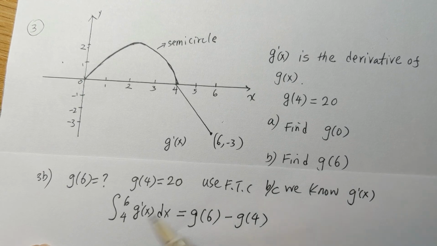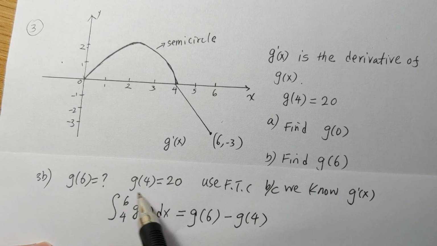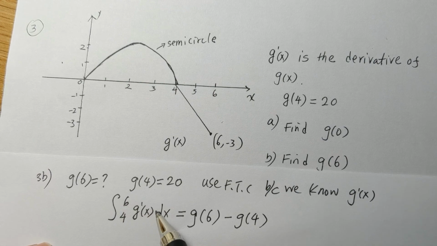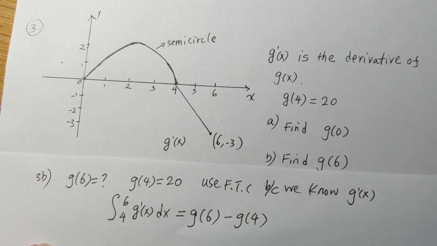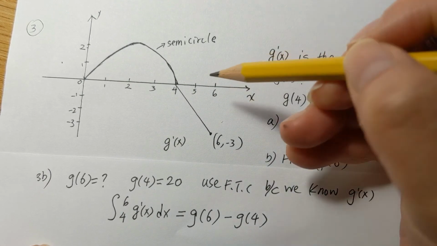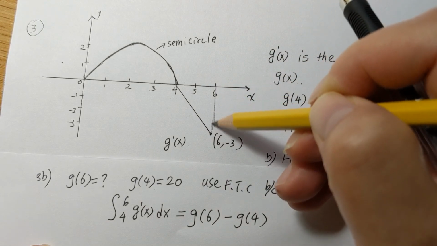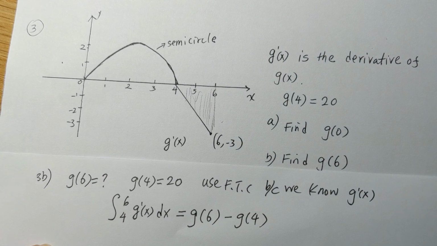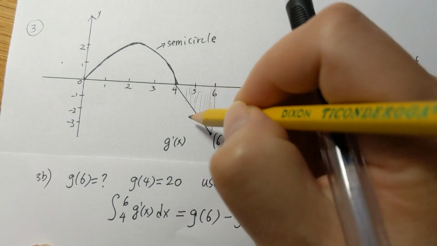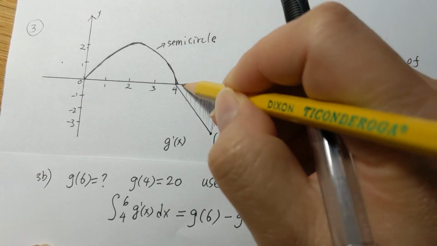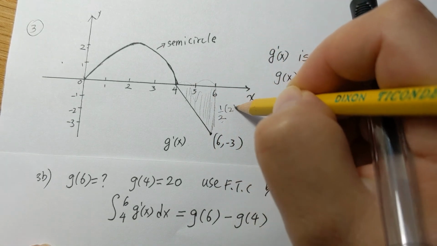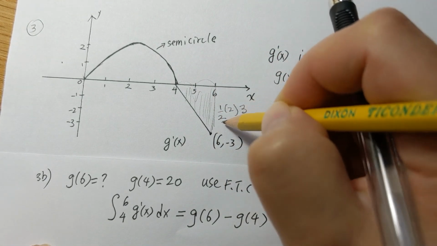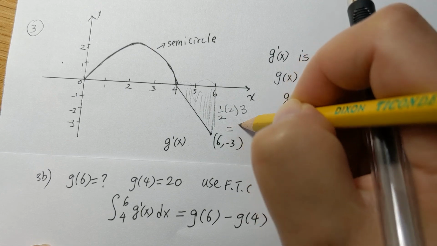Now we are going to look at this left side again. It always relates to the area underneath the curve. From 4 to 6, based on the graph, we got a triangle underneath. If we calculate the area over here, it's going to be 1/2 times 2 times 3. Simplify, so you get 3.